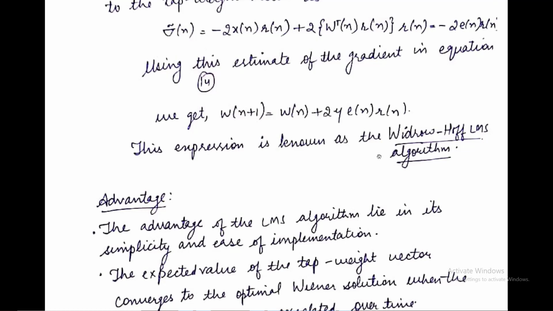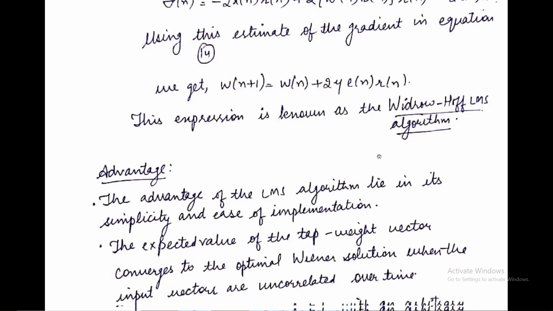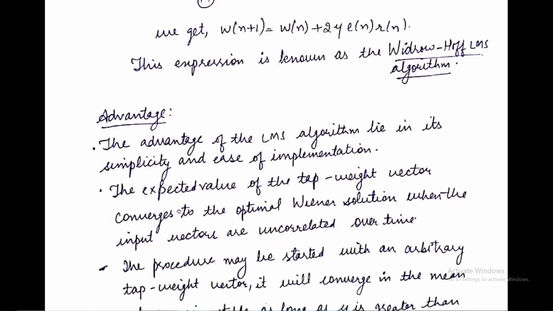Now, what are the advantages of this method? The advantage of the LMS algorithm lies in its simplicity and ease of implementation. Also, the expected value of the tap weight vector converges to the optimal Wiener solution when the input vectors are uncorrelated over time.